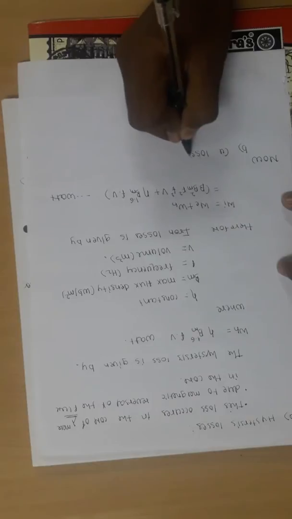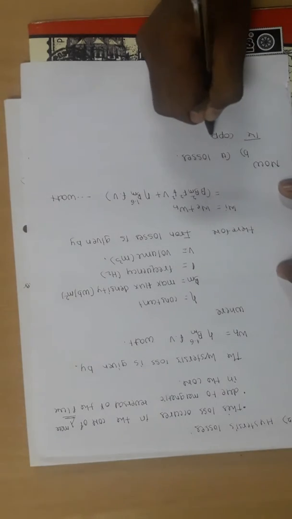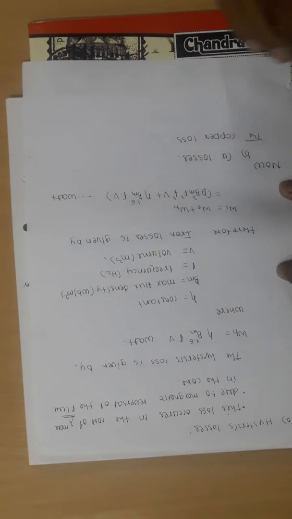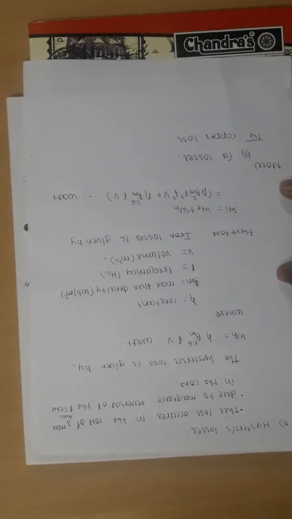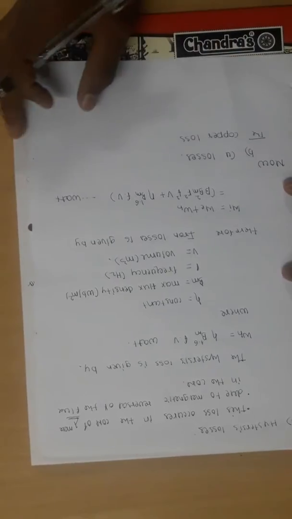Now the second part, that is copper losses. The copper loss occurs due to the ohmic resistance present in both the primary and the secondary coil, which we studied before this video. There we saw the primary winding and secondary winding, the current passing through the primary winding creating flux, and the secondary winding creating flux, and the resistance which we denoted.